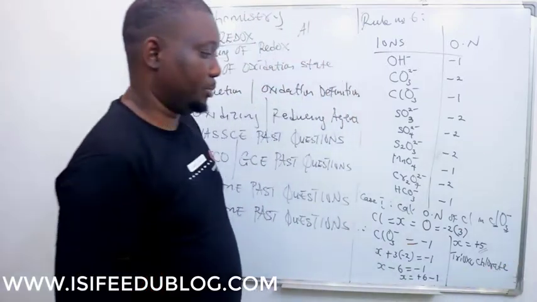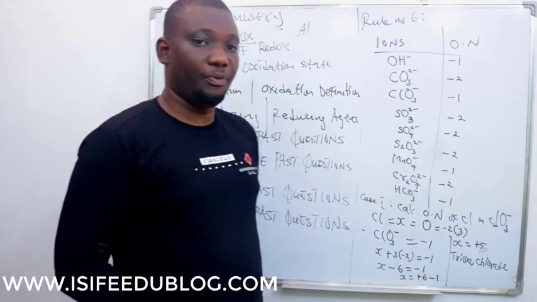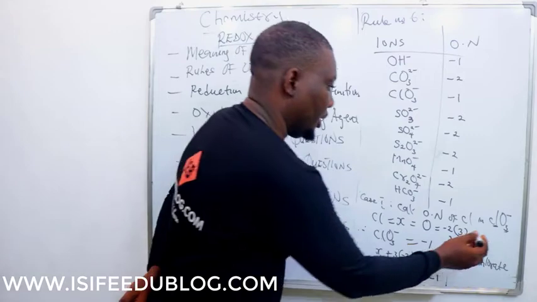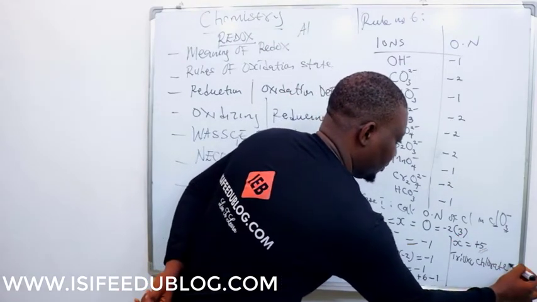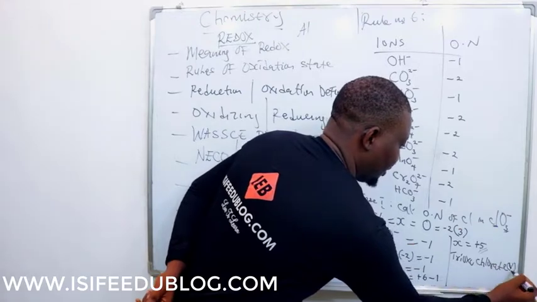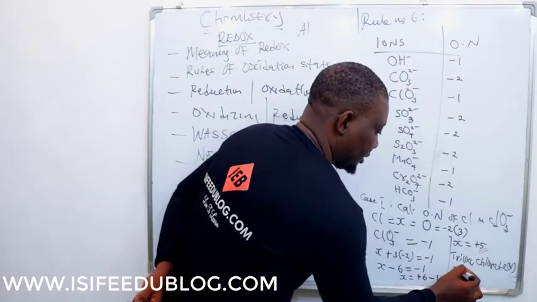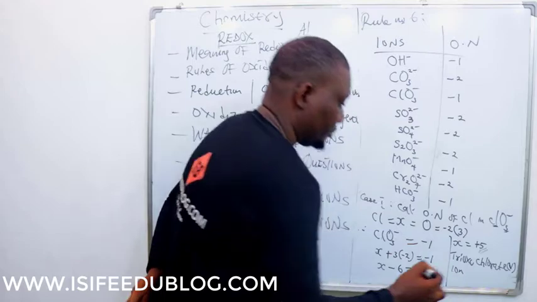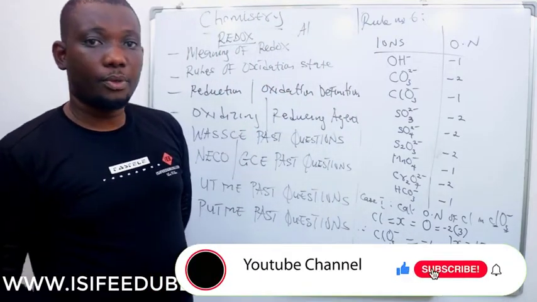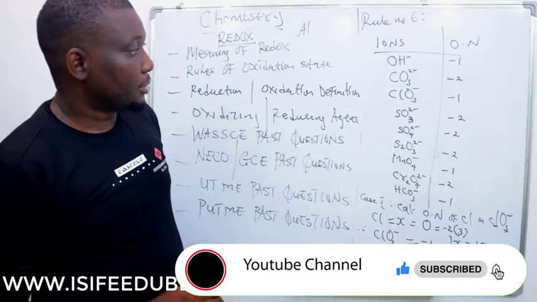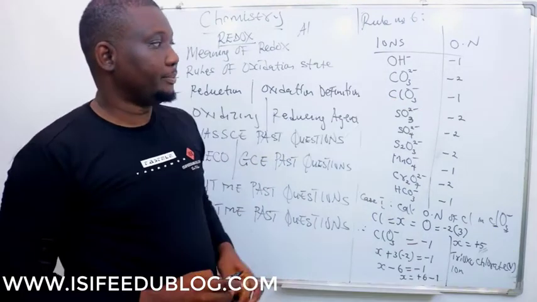Why chlorate? Because chlorine is in the positive oxidation number. What is the answer there? 5. So that 5 will be written in Roman figure as V. And since it is charged, we end with ion. Trioxochlorate(V) ion. That is chlorine in this compound.